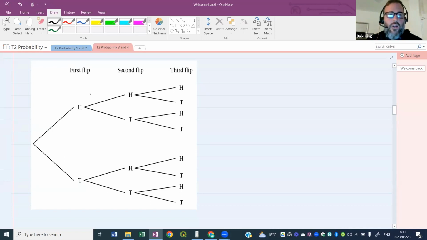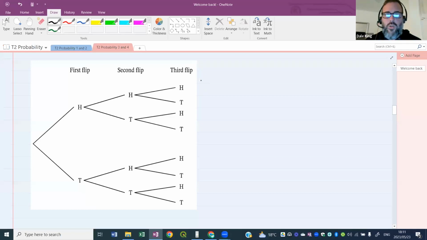All right, not only could we write the numerical probabilities on each of these branches, but the more important thing is what's happening at the end, because this is an experiment and we want to show all the possible results. So what you should do when you draw a tree diagram is write out all the possible results in brackets.